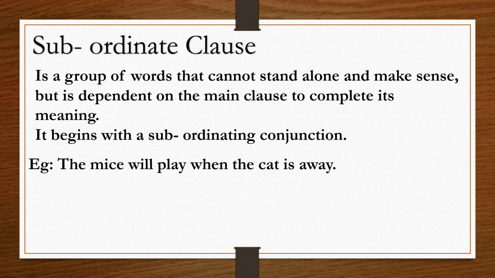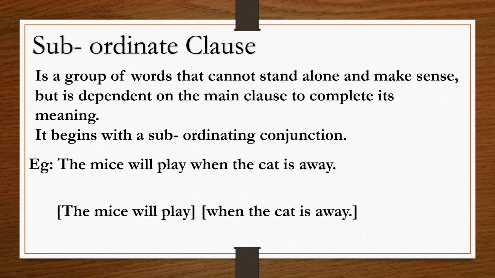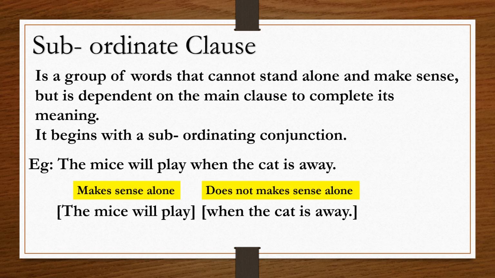Now, if I divide this sentence into two groups, such as "the mice will play" as one group, and "when the cat is away" as another group, we can see that one group of words can stand alone and make sense, and the other group of words does not stand alone and make sense.